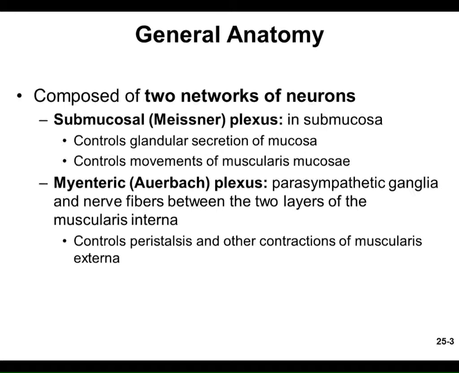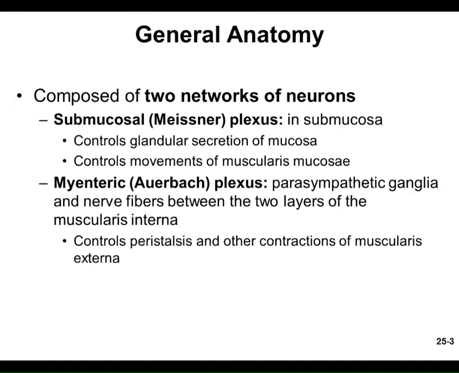I never really talked about this before, but how is it that those little glands that secrete things are releasing their products? They're actually being squeezed a little bit by little muscle cells called the muscularis mucosa, so the muscle of the mucosa.